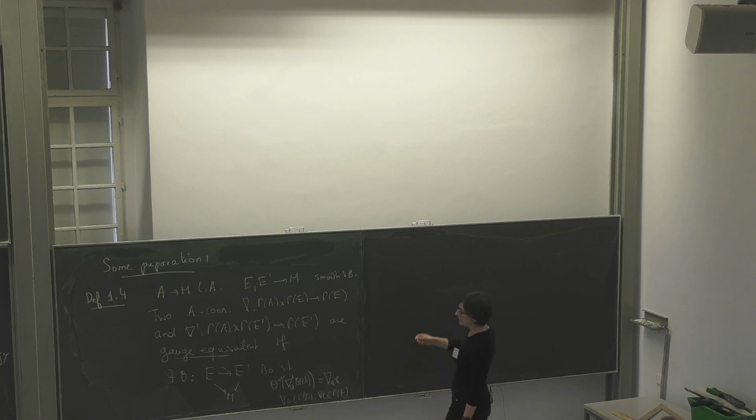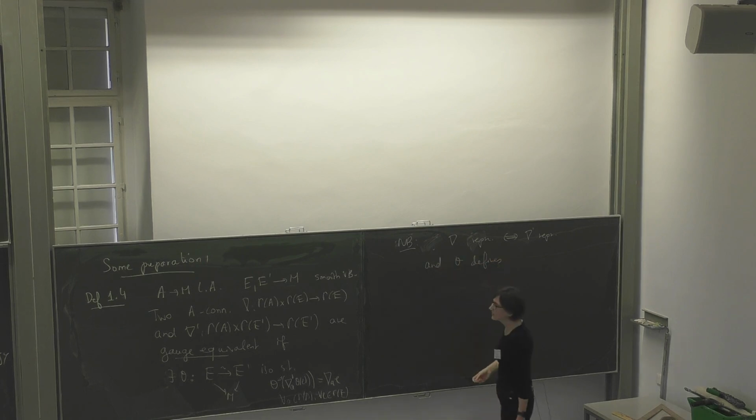So if your connections are gauge equivalent, then nabla is flat, or nabla is a representation, if and only if nabla prime is a representation. I didn't really talk about flatness. And then theta, of course, because everything is an isomorphism, defines an isomorphism in cohomology.